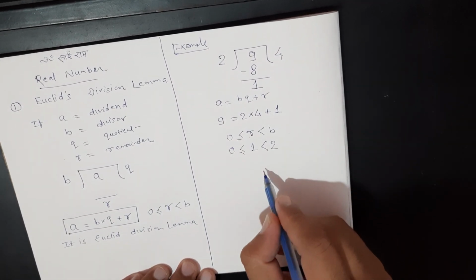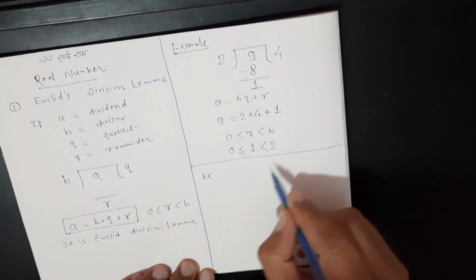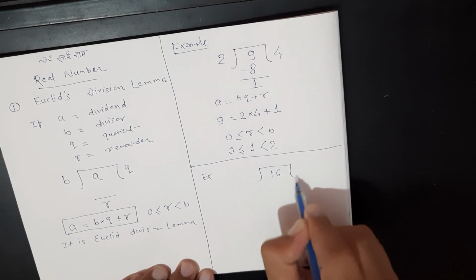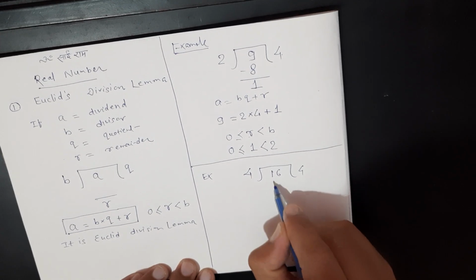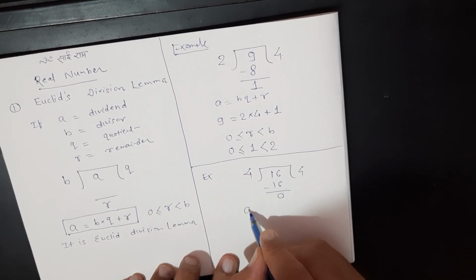You can take one more example in which you will get some other condition, like suppose 16 is divided by 4. What comes? 4 4s are 16. And what division lemma says?